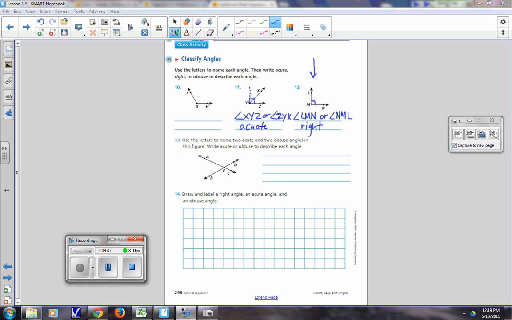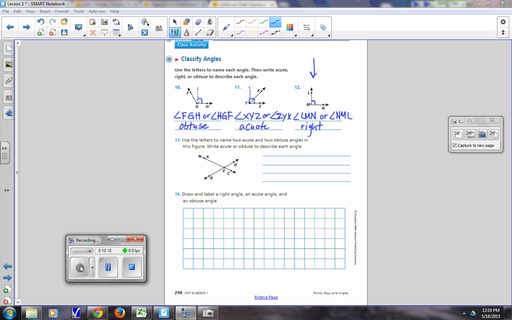It is smaller than 90 degrees. And if I was doing this one, number 10, angle FGH, putting the vertex in the middle, or angle HGF, and this, there's my imaginary 90-degree angle. This would be obtuse because it is larger than 90 degrees.